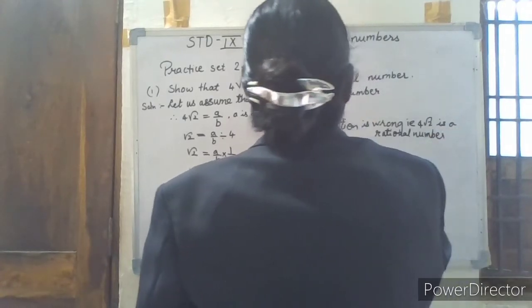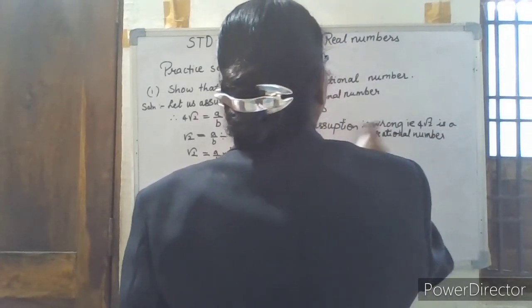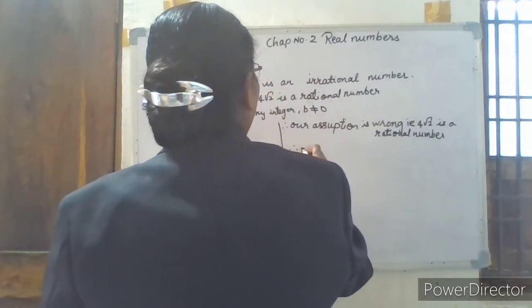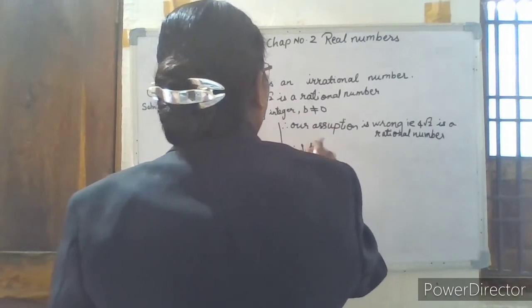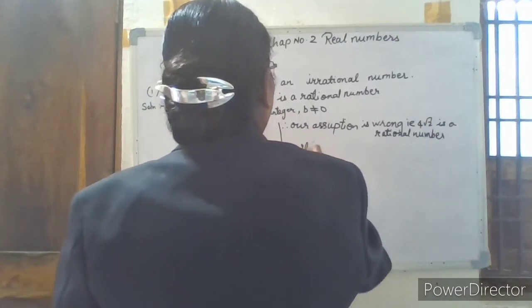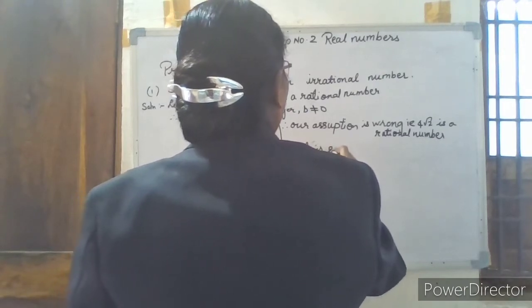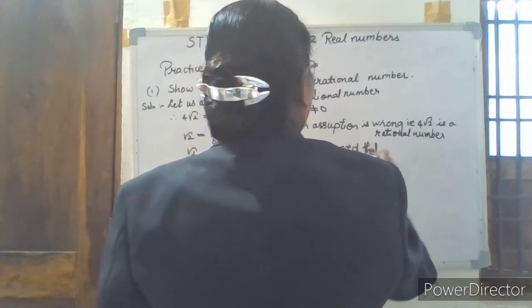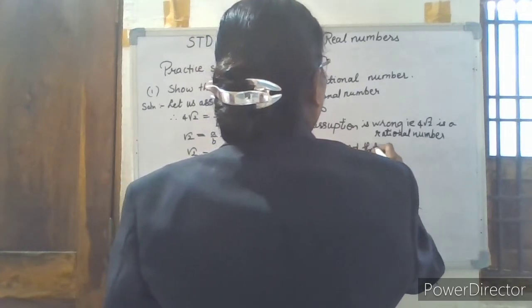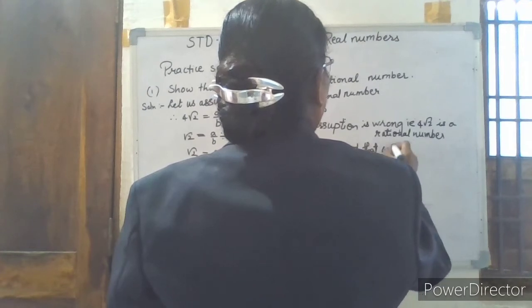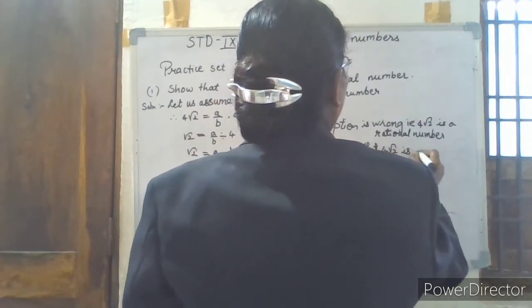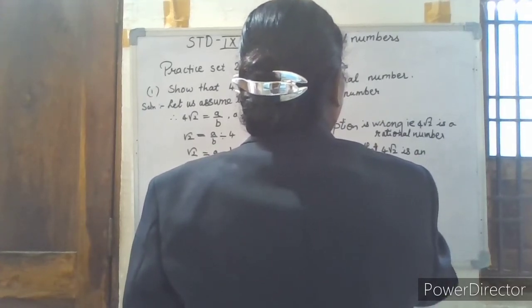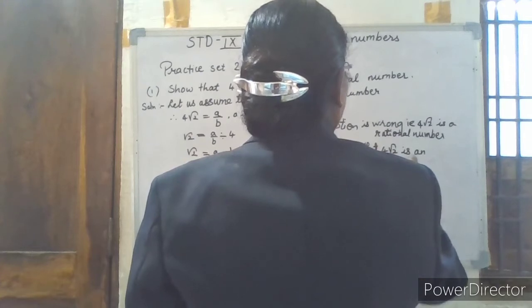Therefore, when this assumption is wrong, it is proved that 4 root of 2 is an irrational number.